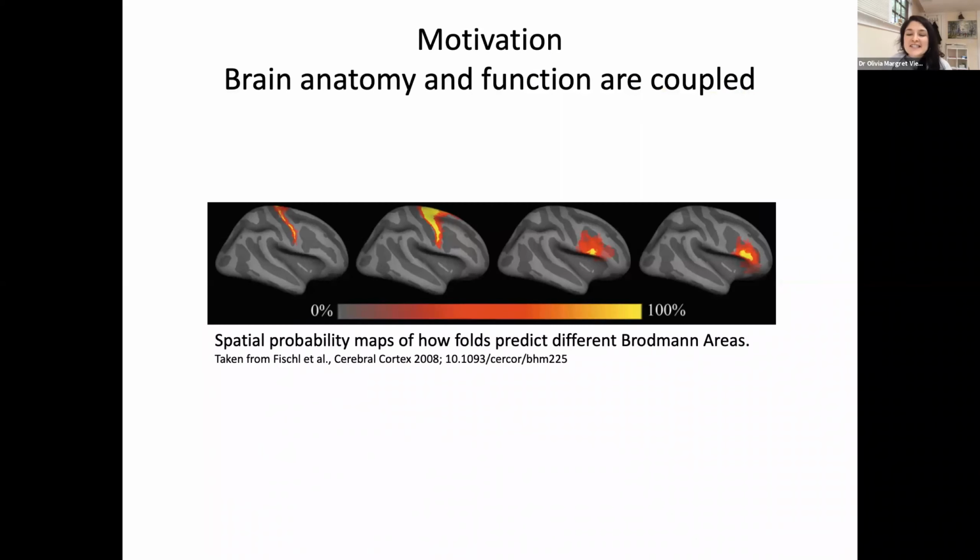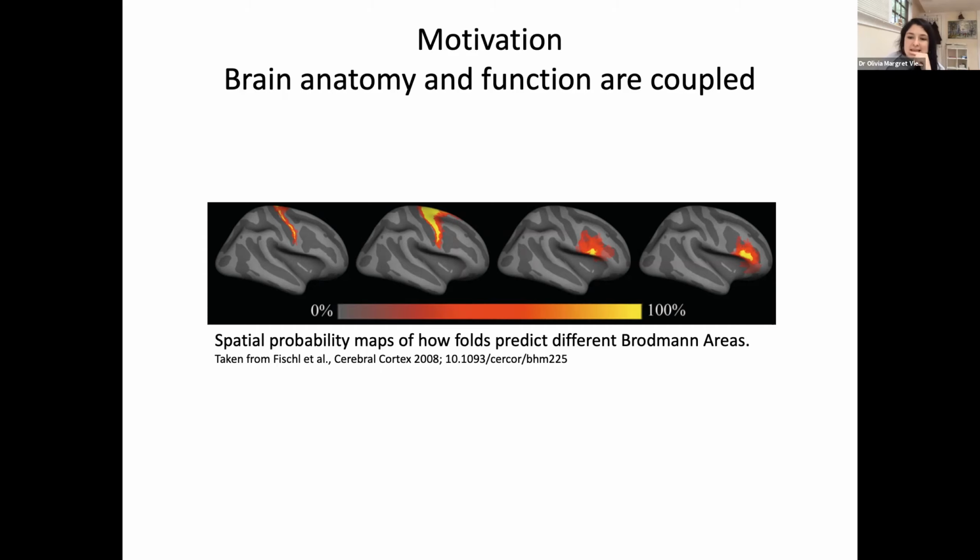Okay, I would like to start this presentation with some teaser slides and foreshadow a little bit what results we will discuss today. So this is one of my favorite works from Bruce Fischl that nicely demonstrates a link between anatomical and functional properties of the brain. This is Bruce's early work on the predictability of Brodmann areas from cortical folding patterns.